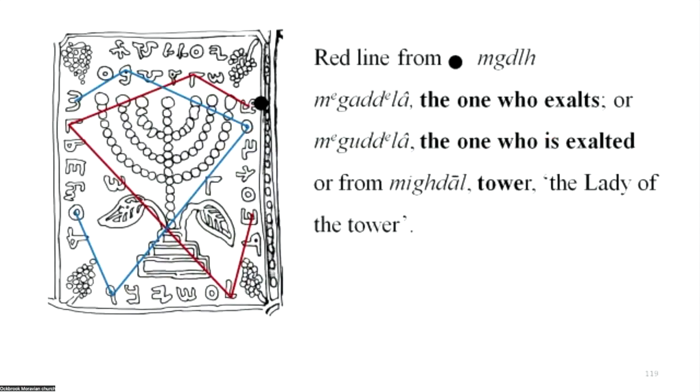So if you have here the red line and you read it round from the black dot, that says either, and these are feminine forms, the one who exalts, or the one who is exalted, or, reading it from that word for tower, the lady of the tower.